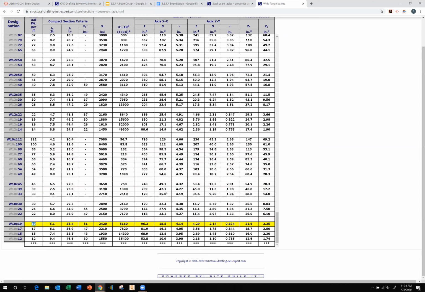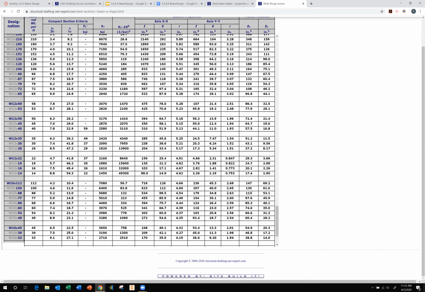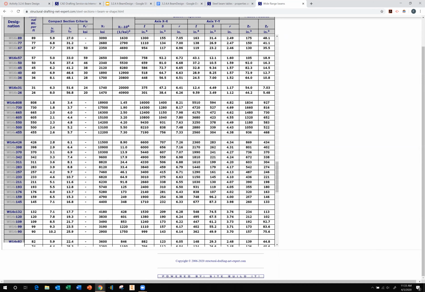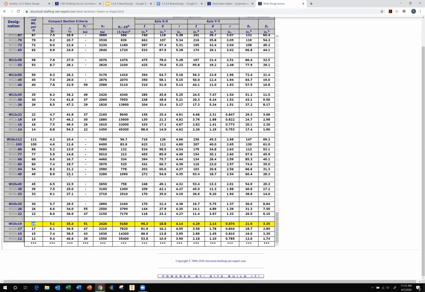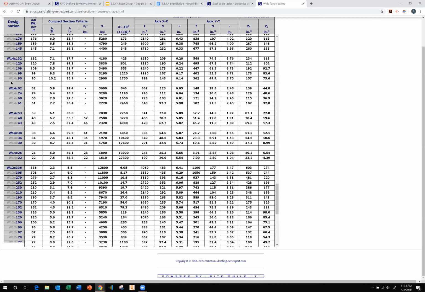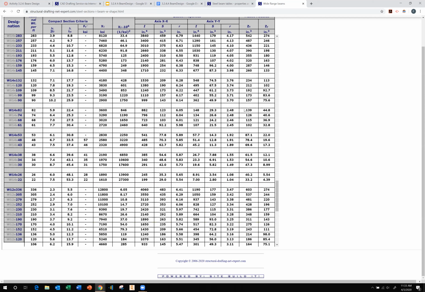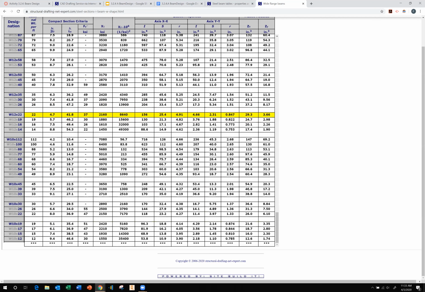So the goal of this is to find a ZX that is greater than 16.2. Well, someone would say, wow, does that mean I have every single beam to select? Yeah, essentially you could. I could select a W14 by 82 because the ZX is greater than 16.2, but that doesn't make sense. So what we're gonna do is look at a couple of different beams that have different depths.